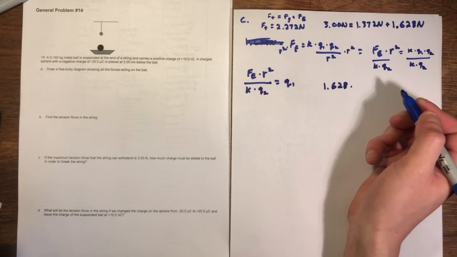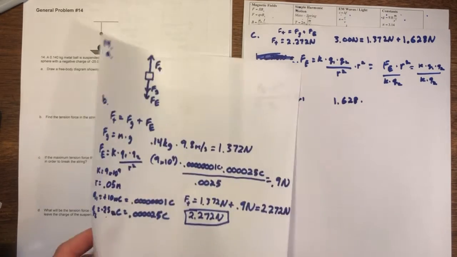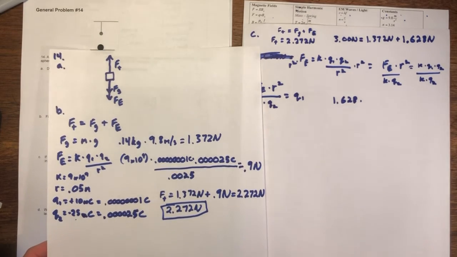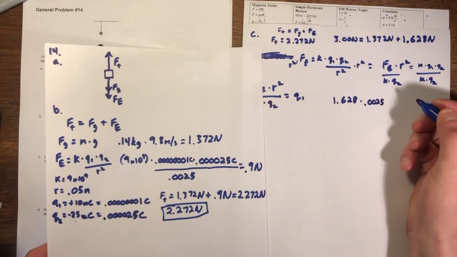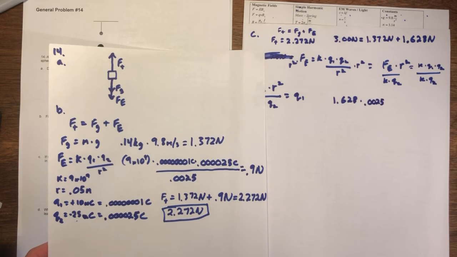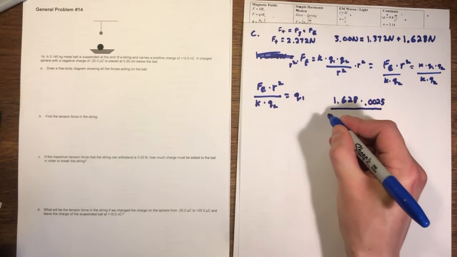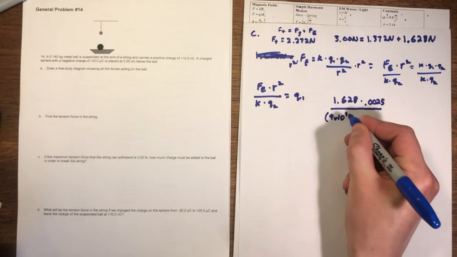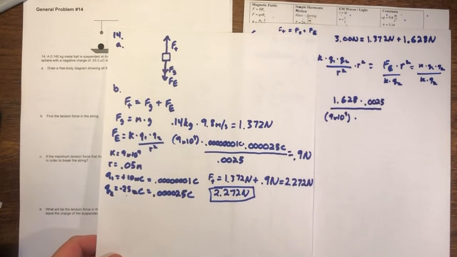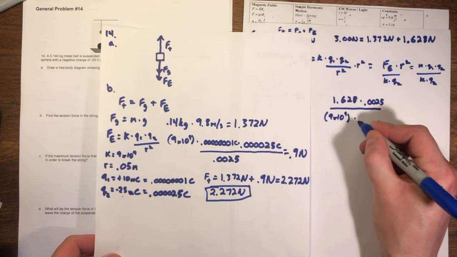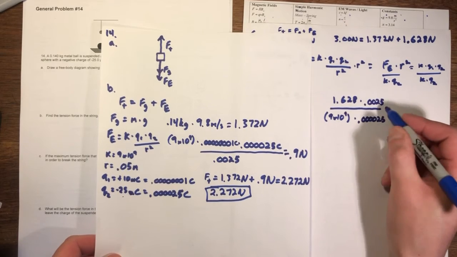So that would be 1.628 times, what was our radius before? 0.05. Remember, that's squared, so I'm just going to change this to 0.0025. You guys can see 0.0025. All of that over our K, which is 9 times 10 to the 9th, times Q2, which was just what we had before.